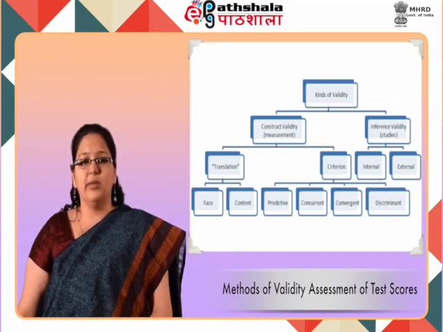Scores on a team building inventory can be validated by asking the respondents the number of teams they have worked in the past 2 years. If the correlation coefficient between the predictor and the criterion variable is found to be high and significant, it ensures the establishment of the criterion validity of the test.